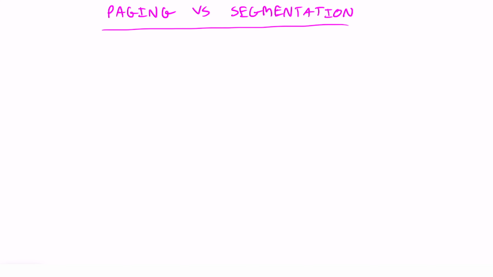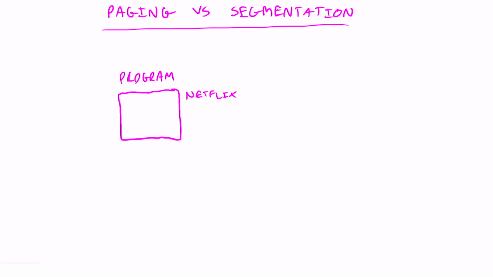So paging and segmentation. These are memory management techniques done by the operating system to split up your program. So you have a program, right? Now this could be Netflix, for example, because you've downloaded the Netflix app on your phone or computer.